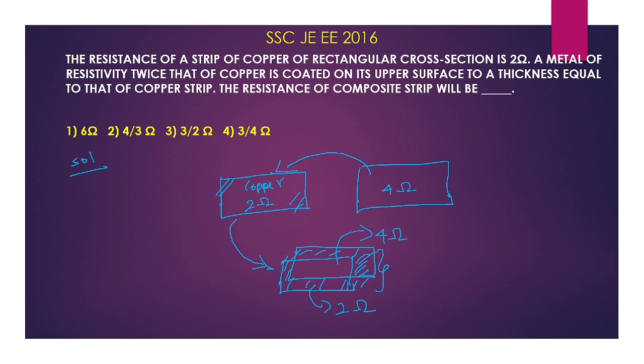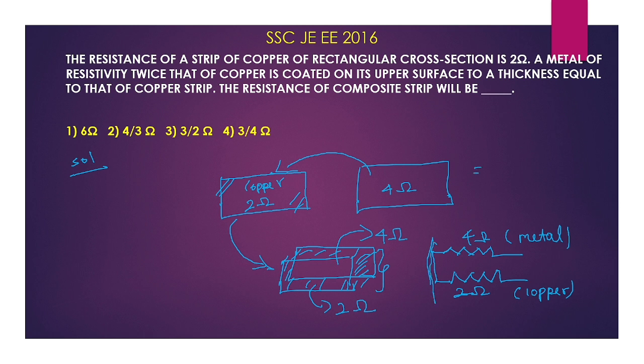So consider initially there is a metal and it is coated upon the copper of 2 ohm, and this metal is 4 ohm. This is the metal and this is the copper. So it looks like a parallel combination of two resistances.